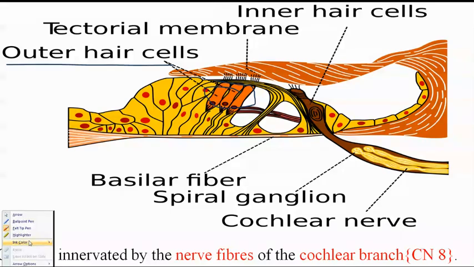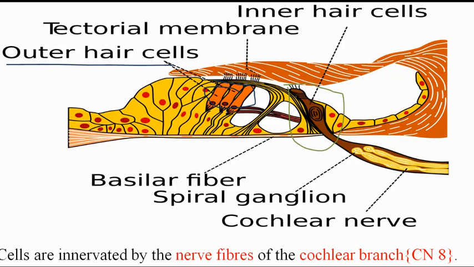Here the outer hair cells are seen, and this is the inner hair cell. These hair cells are present in the organ of Corti, and this organ of Corti is present on the basilar membrane, and the basilar membrane is the structure which divides the scala media and scala tympani.